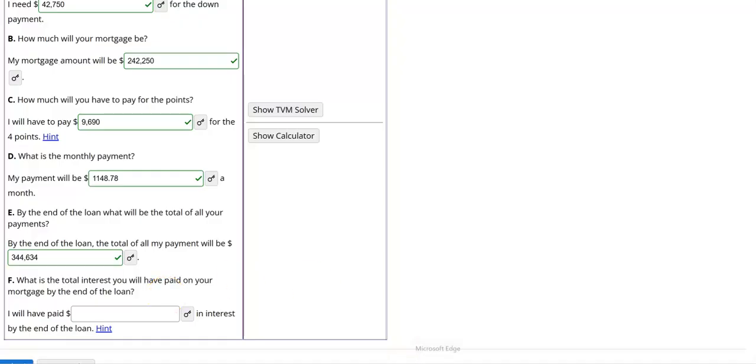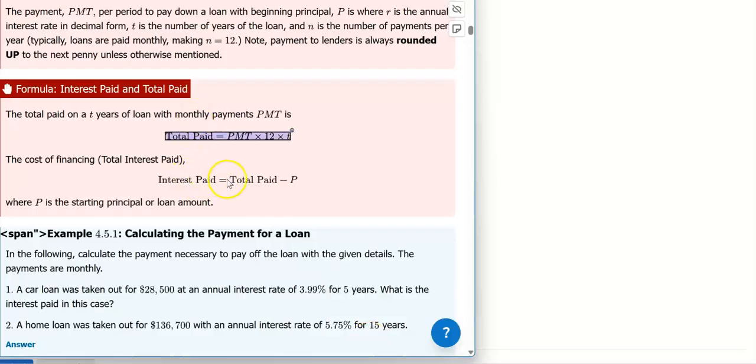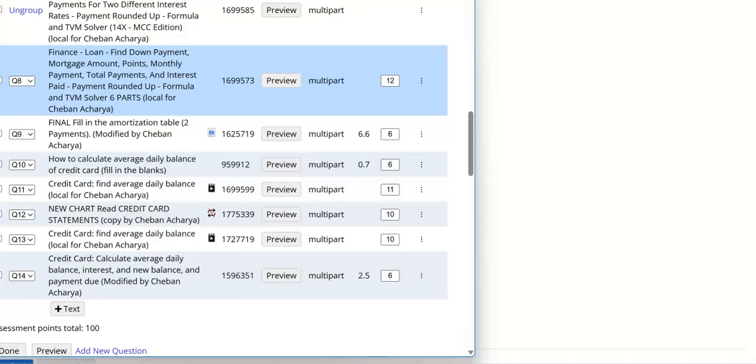What's the mortgage interest? Again, there's a formula for mortgage interest. So interest paid is going to be total paid minus P, which is the loan amount, or the starting principal, which is the same as the mortgage in this case. So let's subtract these two numbers.